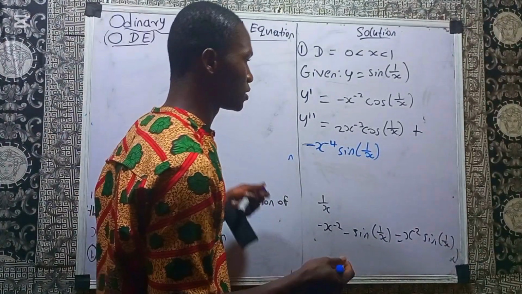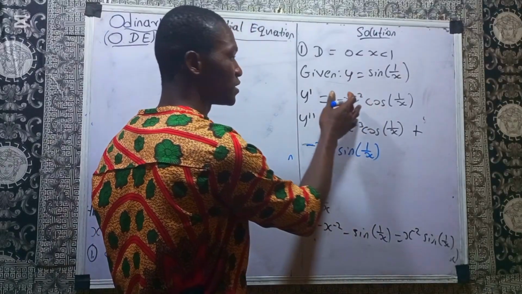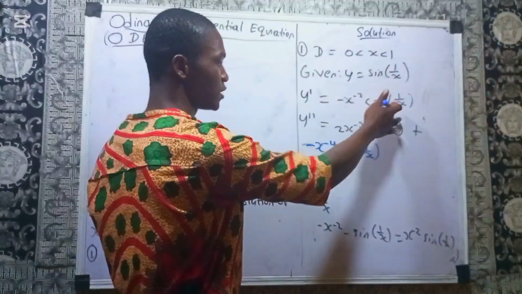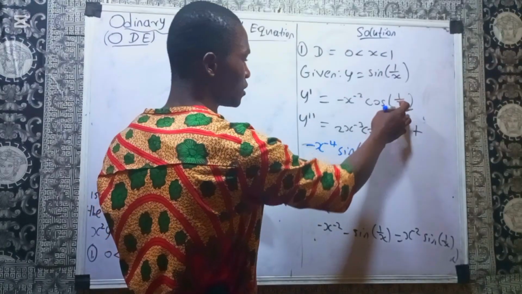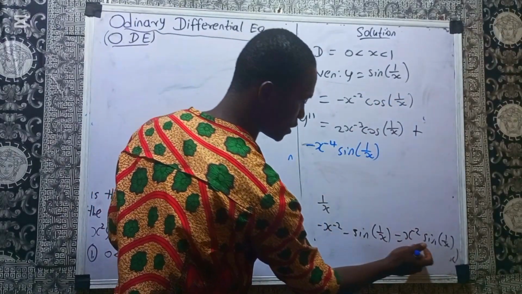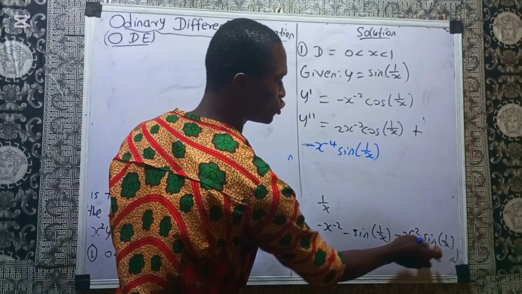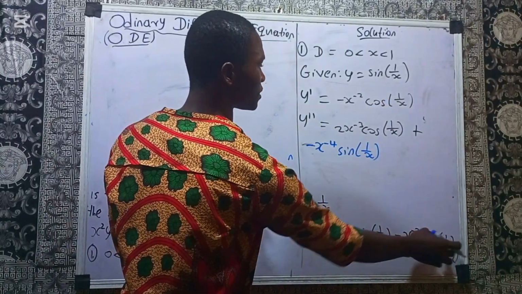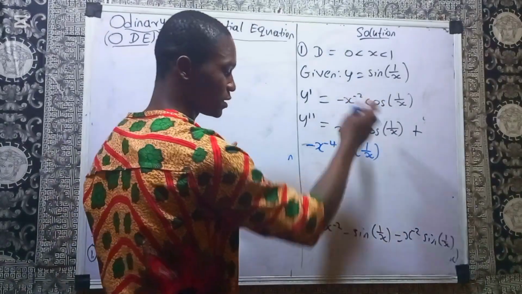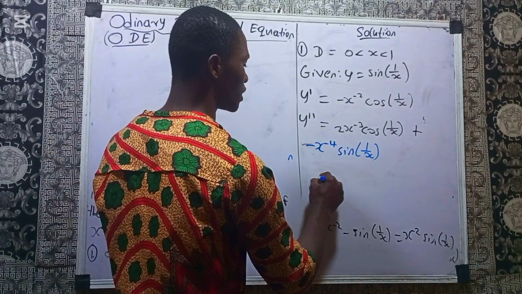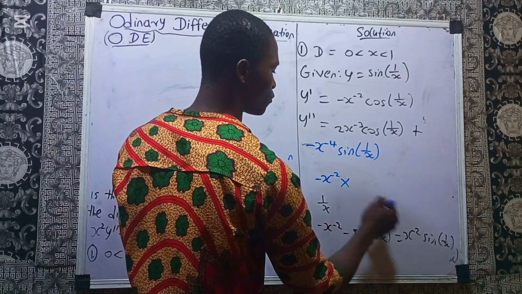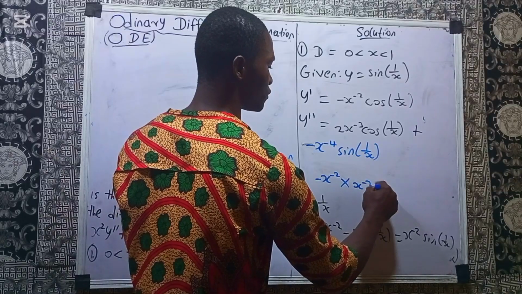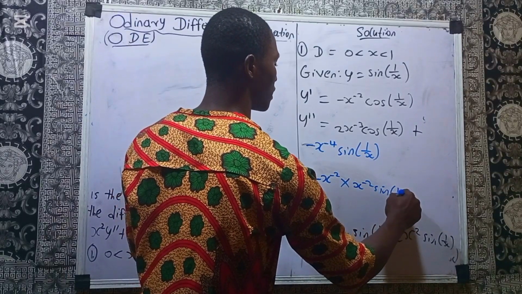You understood what we did here. I differentiated this one at first, kept this one, and it gave me this. Now I'm keeping this one and differentiating this one. The derivative of this one gave me this quantity here. You use this to multiply the one we are keeping. So I'm supposed to do negative x raised to power negative 2 multiplying this quantity I got here, x raised to power negative 2 sine of 1 over x.